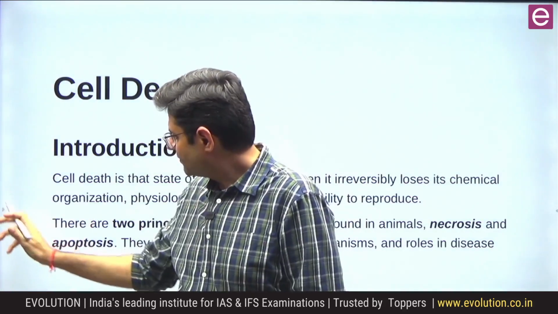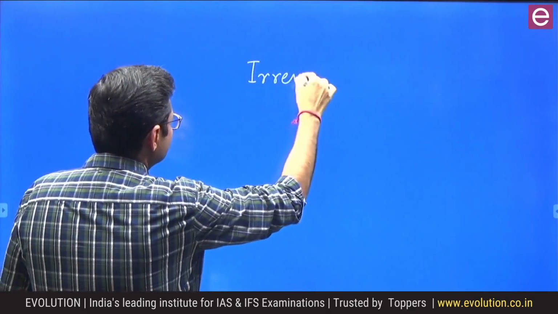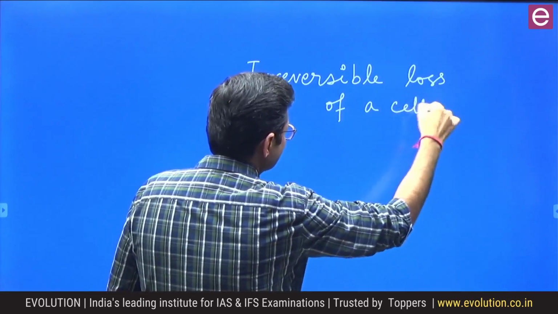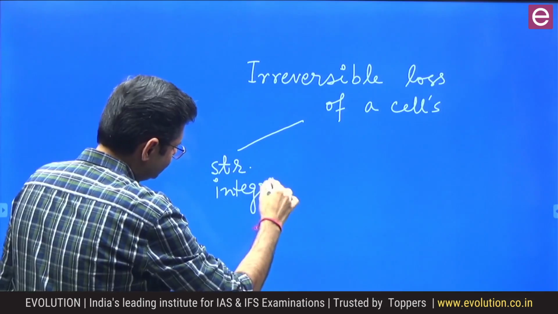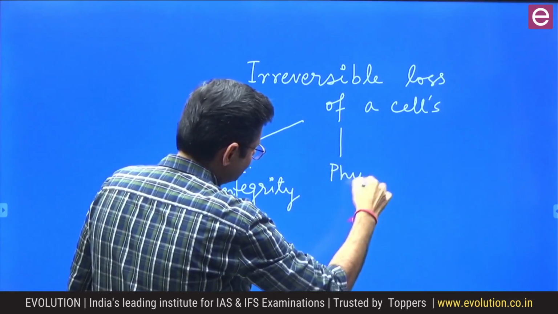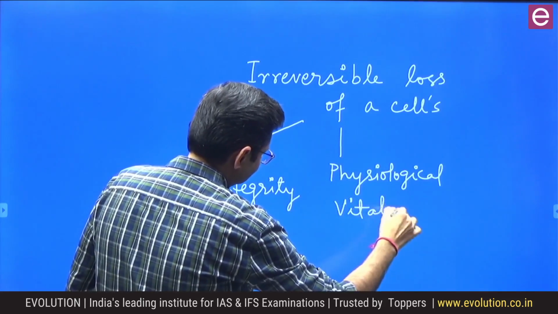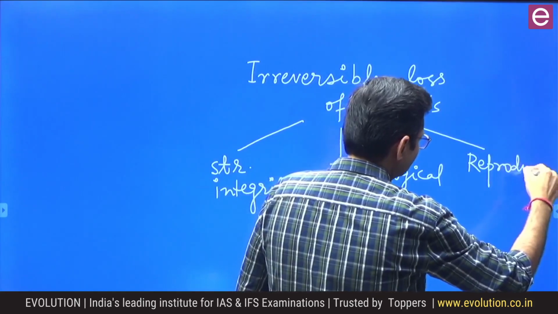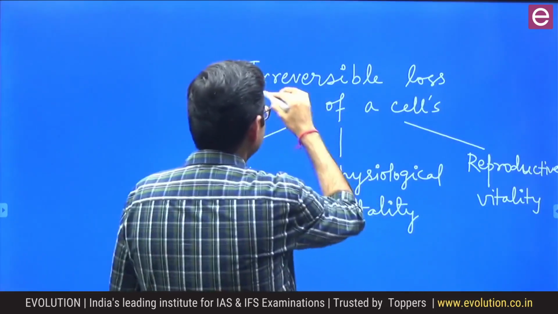Cell death you can define by calling it irreversible loss of a cell's structural integrity, physiological vitality, and reproductive vitality. And not to forget that these losses have to be irreversible.